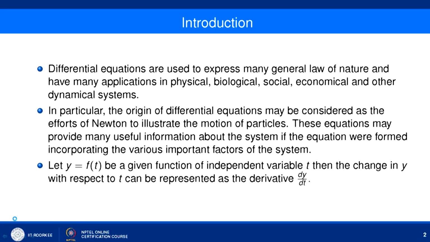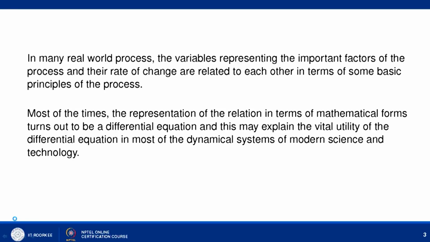So here, if we consider y equal to f(t) to be a given function of the independent variable t, then the change in y with respect to t can be represented as the derivative dy/dt. In many real world processes, the variables representing the important factors of the process and their rates of change are related to each other in terms of some basic principle of the process, and most of the time the representation of these relations in mathematical form turns out to be a differential equation.